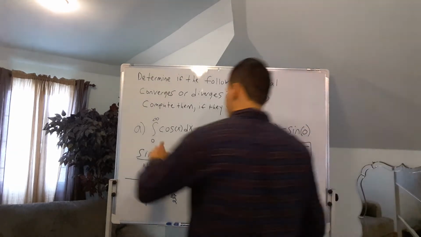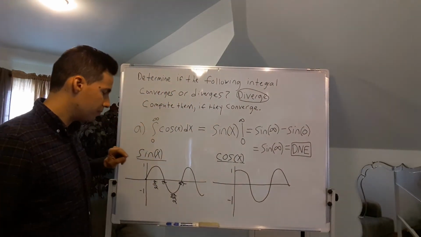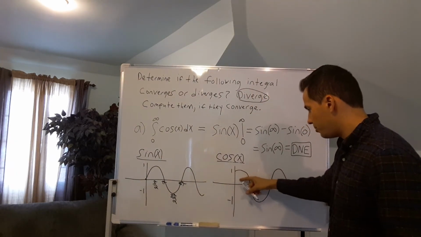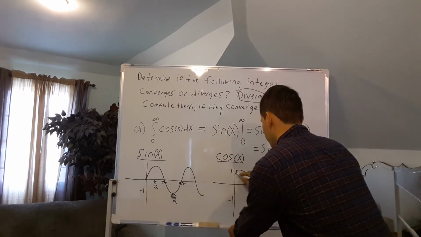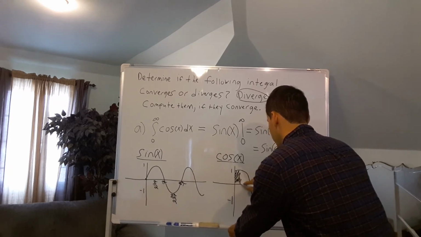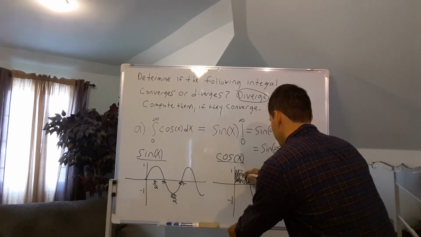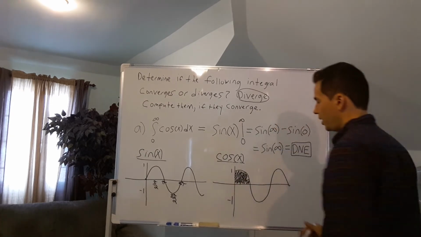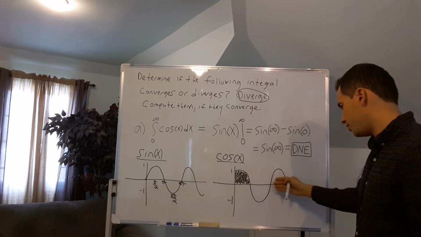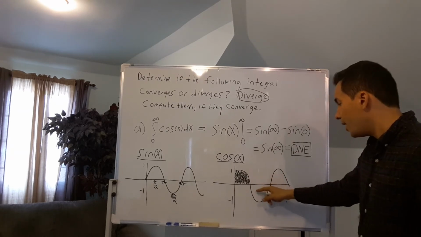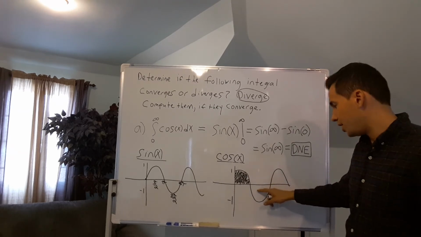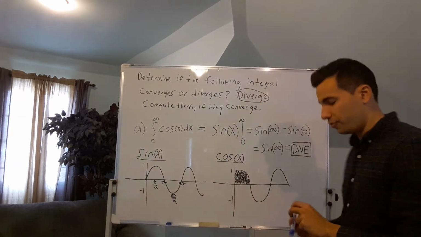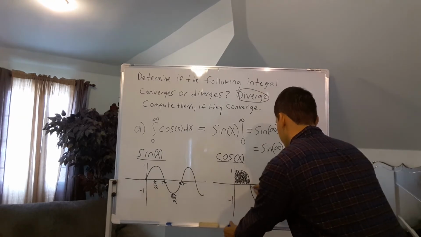So we're trying to compute the area between 0 and infinity. As we're going out this direction, the area is going to pick up this amount of area over here. And as you keep evaluating out this way, it's going to pick up this area. Now this area is going to be the same exact area as this, but it's going to be negative area because it's below the x-axis.